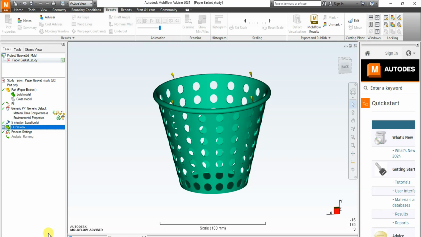It's currently on 1% fill analysis. Alright, so we can see that the analysis is complete. The basket SDY project.